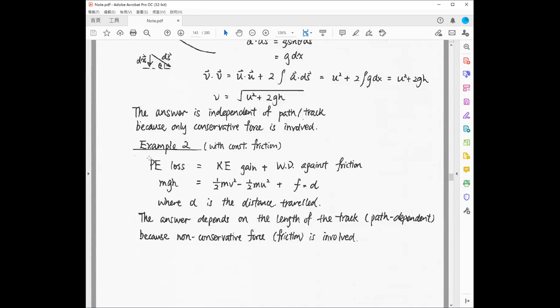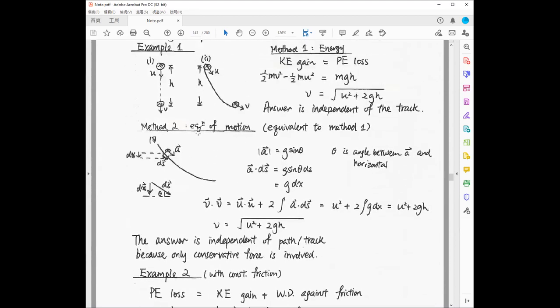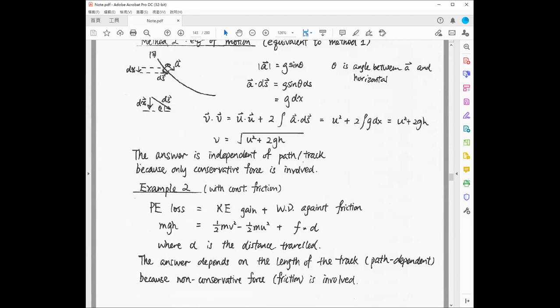If there's also some energy loss, let's say there's a friction, you can still do it, but you need to know how the energy transforms. Let's say there's a constant friction. The potential energy is lost, you gain kinetic energy, and part of the potential energy lost is converted to the energy lost.